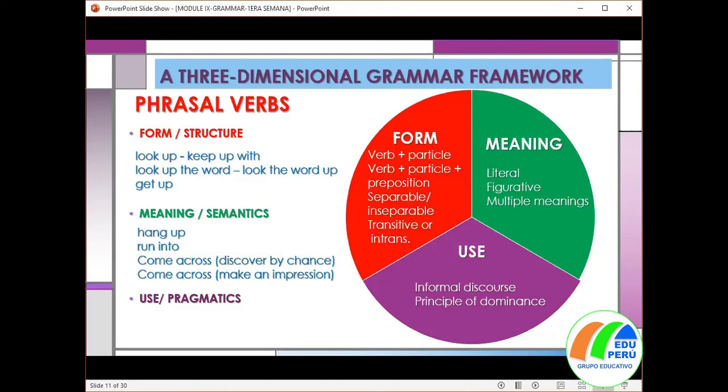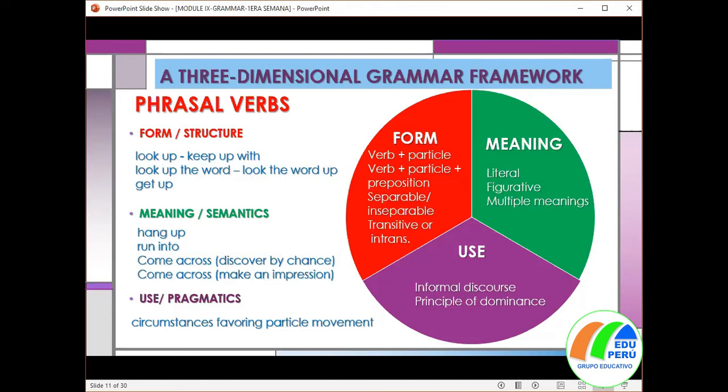And so this is the meaning. And the other, the use, are the circumstances favoring particle movement. So this is related to the first part, no? When we talk about look up the word, or look the word up. So we're going to separate, no? We are going to move the particle after the object.